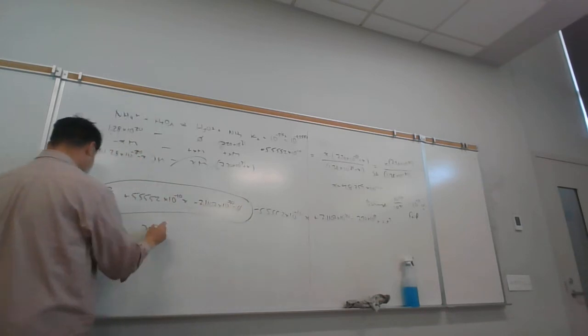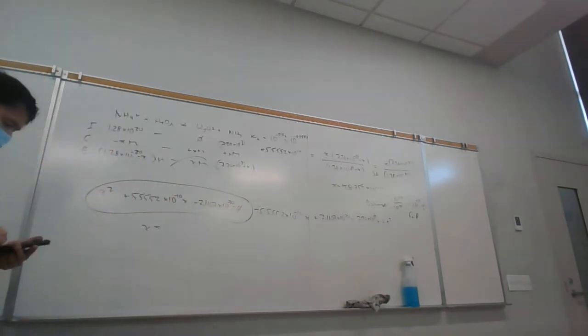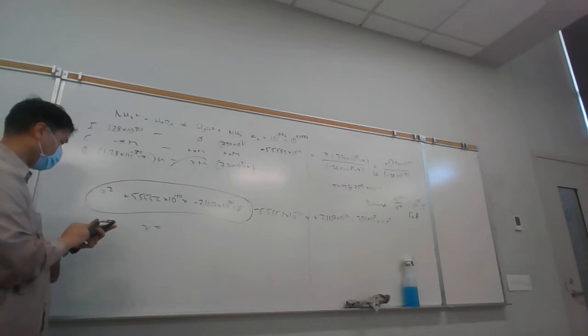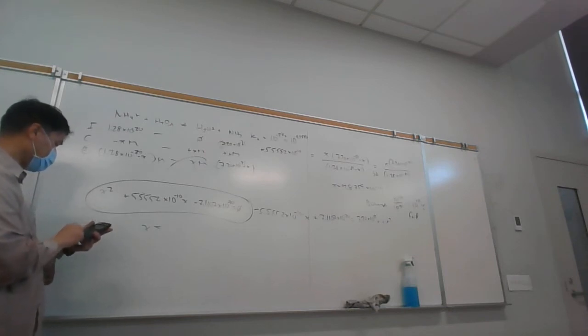Okay, let's solve for x here. So I get A is 1, B is 5.5552 times 10 to the minus 10.